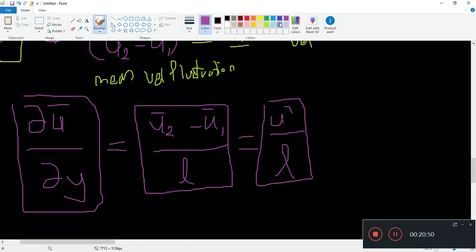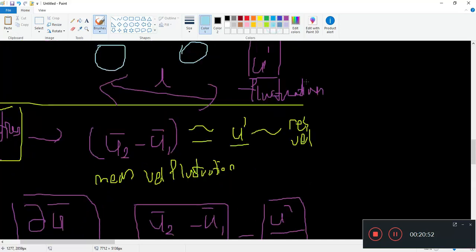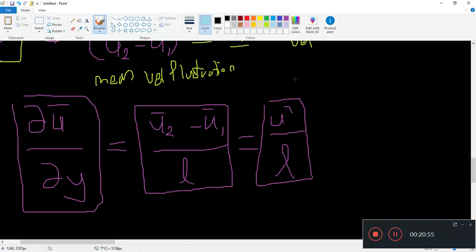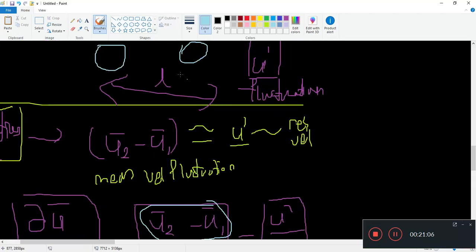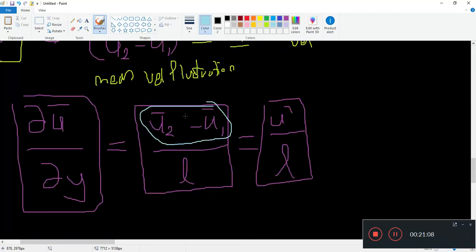So this is some sort of velocity gradient, and this will be equal to u prime by L. Again, where did we come from? We started with trying to estimate the biggest fluctuation in velocity within this mixing length scale, which is u2 bar minus u1 bar. And that will be the metric we use to estimate our turbulent velocity fluctuation. They should be on the same scale.